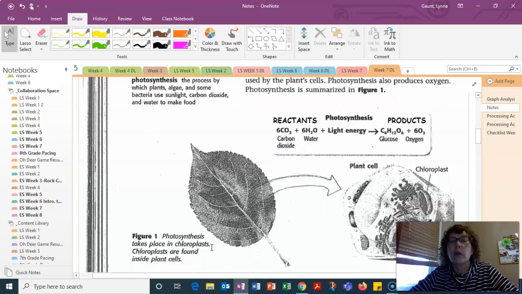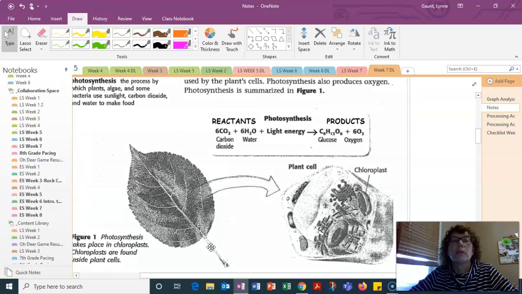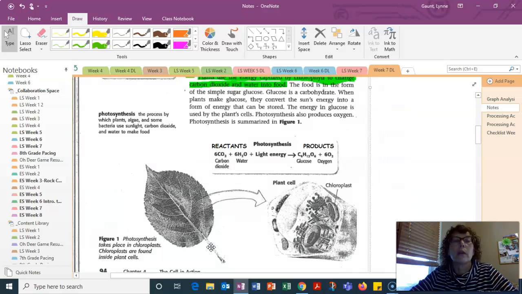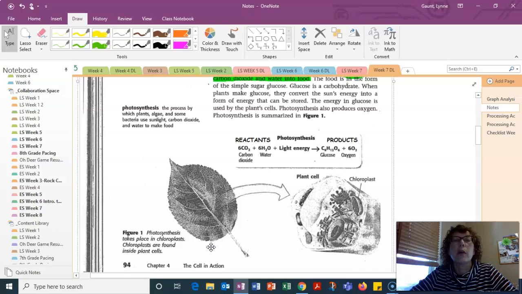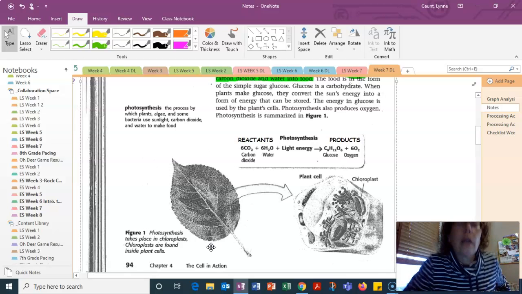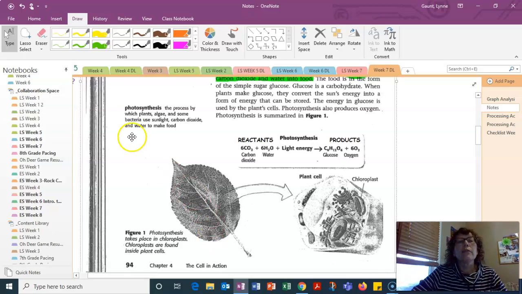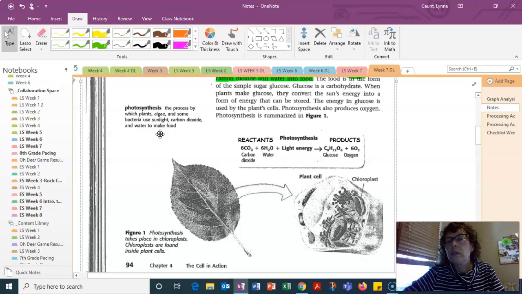I'm going to make it a little smaller so I can see the whole picture. Not too much smaller. There we go, that's better. I want to see the whole picture because I'm going to mark it up. All right, and so over here on the left, you see the word photosynthesis, and it says the process by which plants, algae, and some bacteria use sunlight, carbon dioxide, and water to make food.